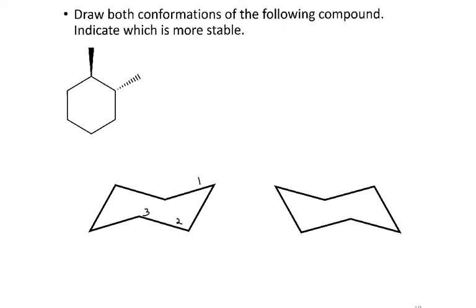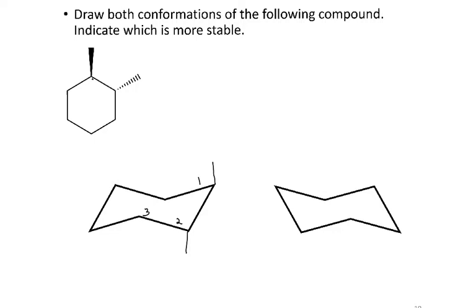And so the first one I'm going to make up. So the methyl has to be up. And then on the second one, it's dashed, so it's got to be down. And so, because that carbon is down, that is going to be the axial as well, right?